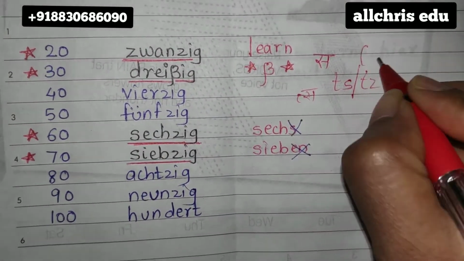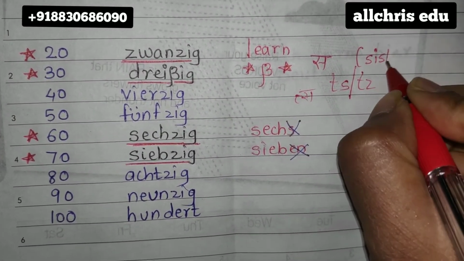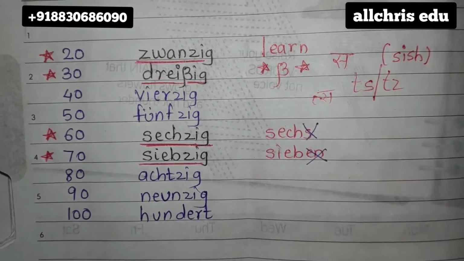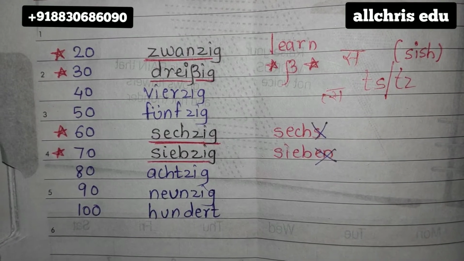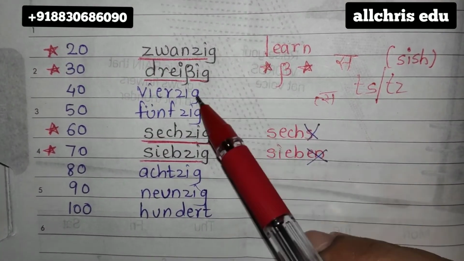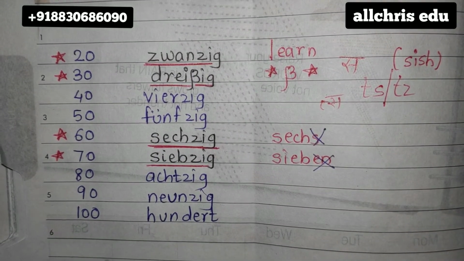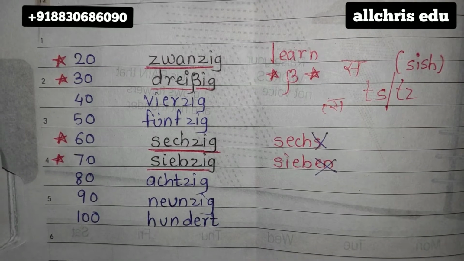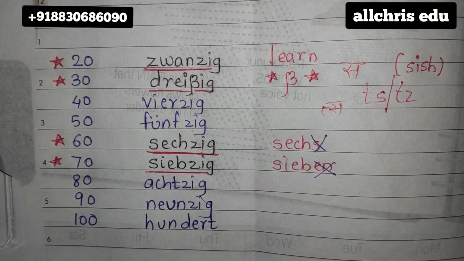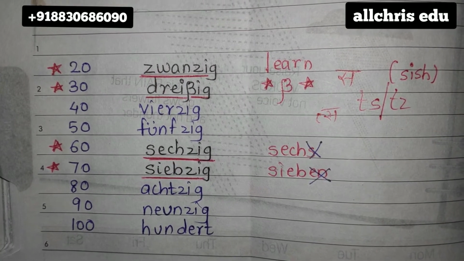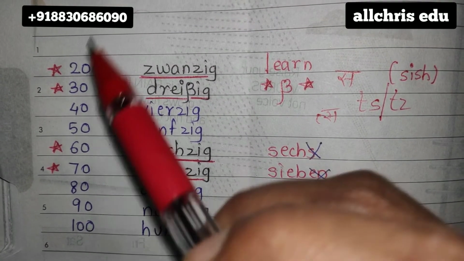A little sish sound should come, as if we are saying sish, like SMS language. Try to write the pronunciation with a pencil. Dreißig. But everywhere else, when ZIG is there, try to say sish. These are very minute things which normally nobody recognizes when you say it fast, but you should all know it.